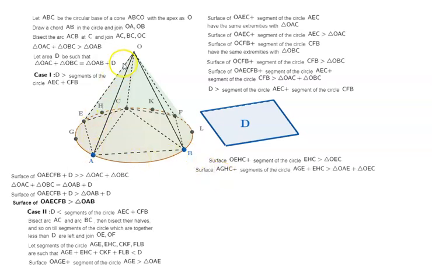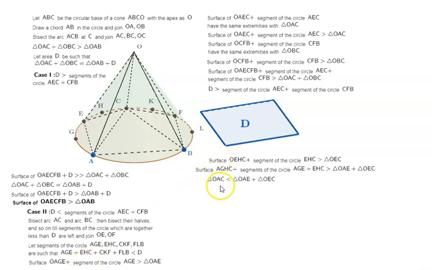Surface OAGHC plus segments of the circle AGE plus EHC is greater than OAE triangle plus triangle OEC. So basically we have added up these two statements.